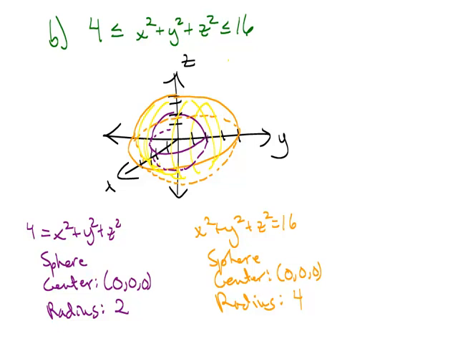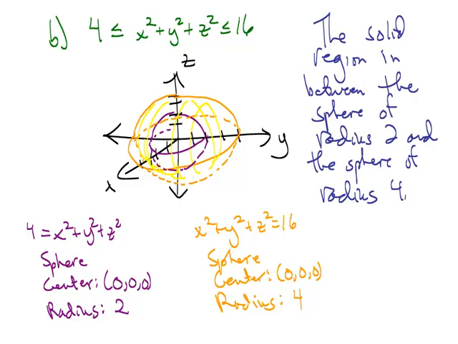So you have basically a ball with the core removed is how you can think of that, and that's the solid that we're talking about here. The solid region in between the sphere of radius 2 and the sphere of radius 4. And with that, my friends, I think we are in good shape to tackle that first homework assignment, 9.1.